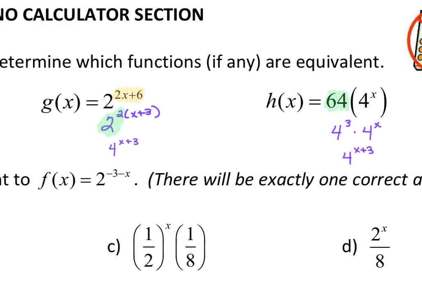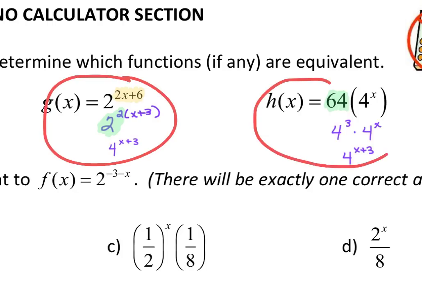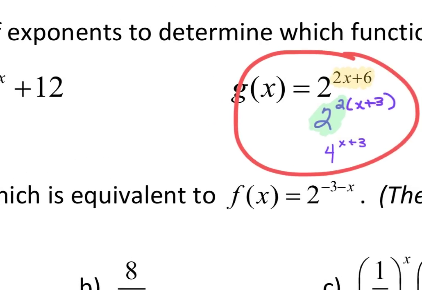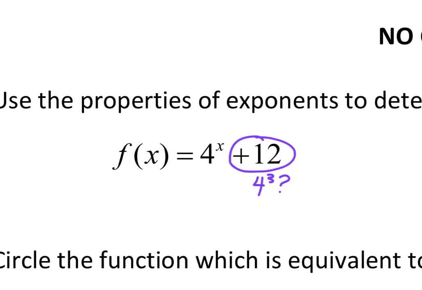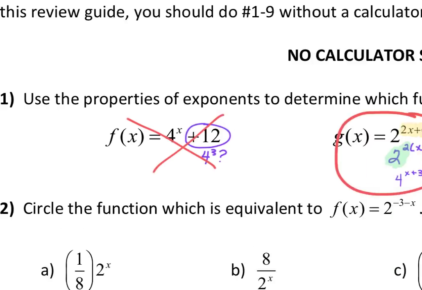So I know for a fact that those two, the second and the third, are equivalent. And if I were to play around a little bit with this one, I would need to somehow make this related to 4 to the third, and I can't. So in this one, that's not equivalent to the other two.